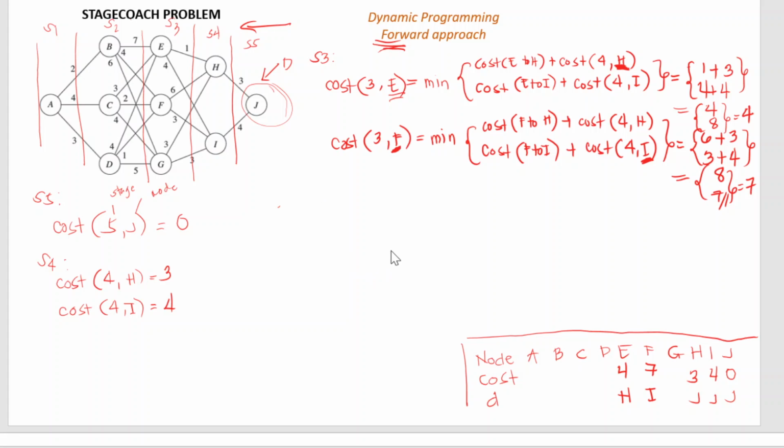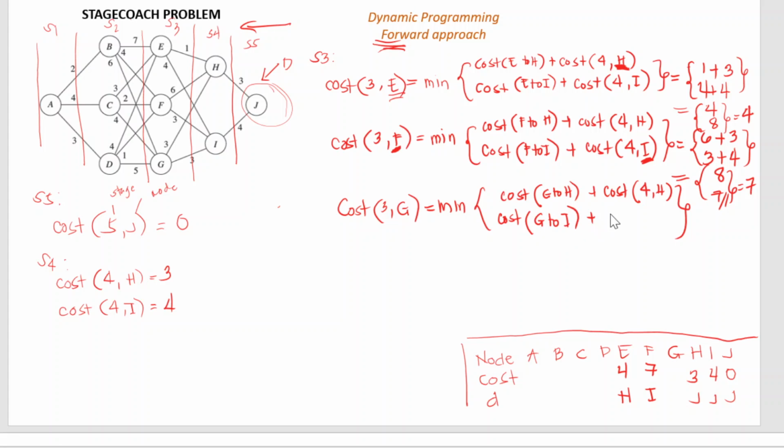Next, let's get the cost of G to finish stage 3. Cost of 3G is the minimum of cost of G to H plus cost of 4H, and another one, cost of G to I plus cost of 4I.